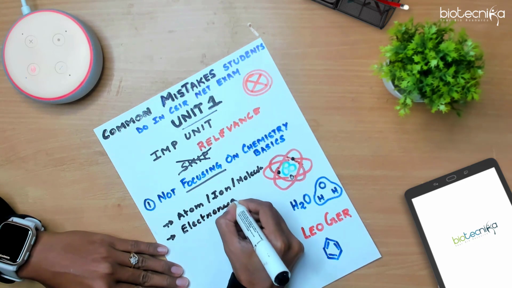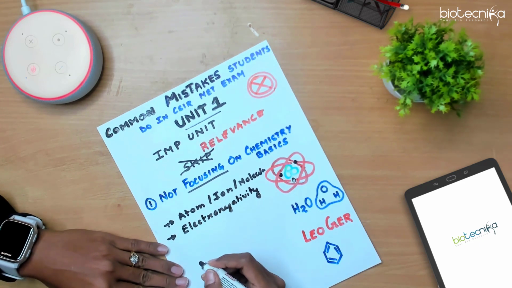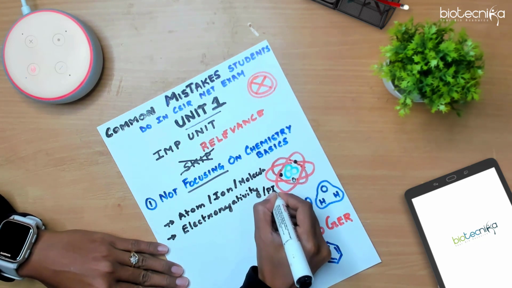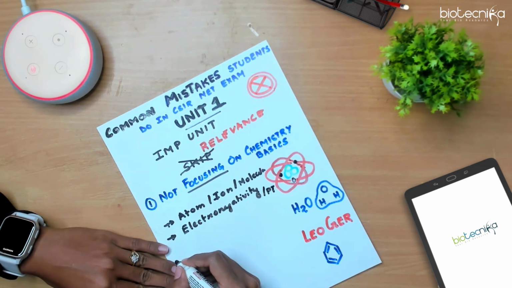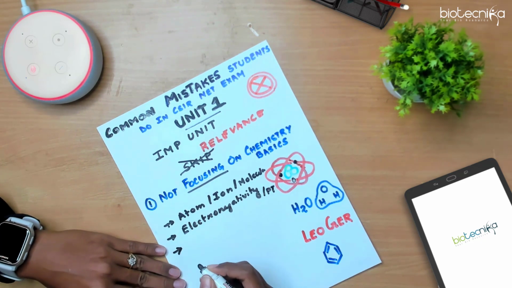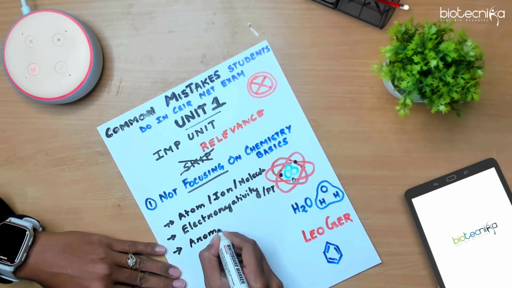Because the chemical bond formation concept depends on the electronegativity. Not forgetting, you also have to know certain elements in the periodic table, their valencies, and what kind of cations and anions they form. These all form the basis or foundation of further studies. That's why you should definitely pay attention to this.